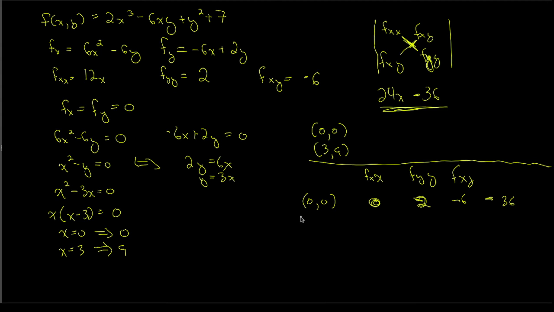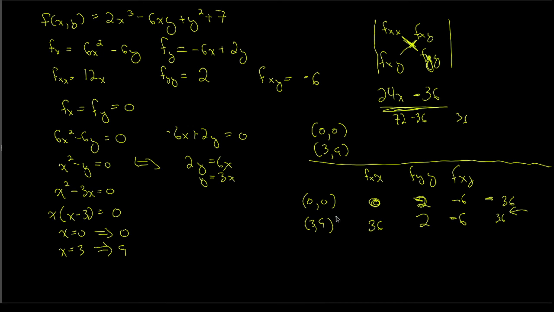And then for the point 3, 9, f double x is 36, f double y is still 2, fxy is still negative 6, and our Hessian is going to be 3 times 24 minus 36. So let's see, 3 times 24 is 72, minus 36, which is 36. Kind of a little bit of symmetry going on here.